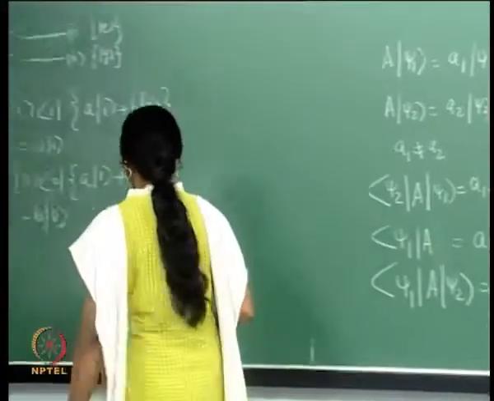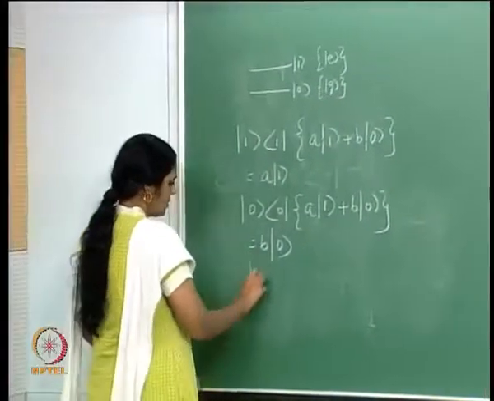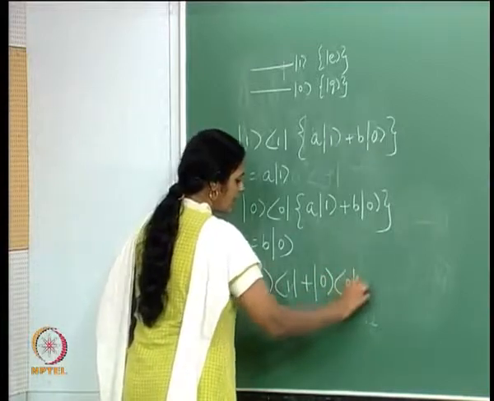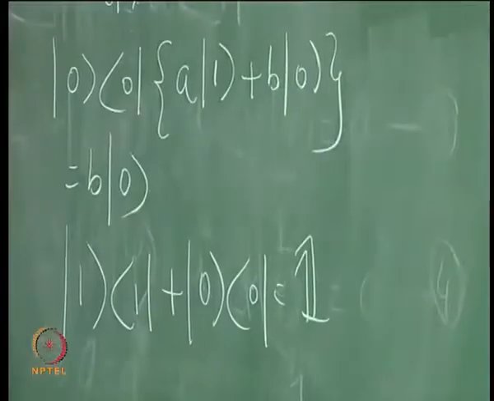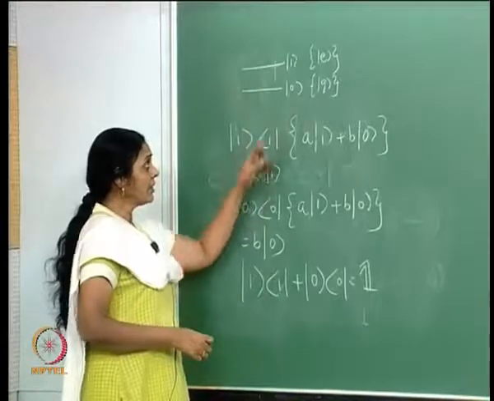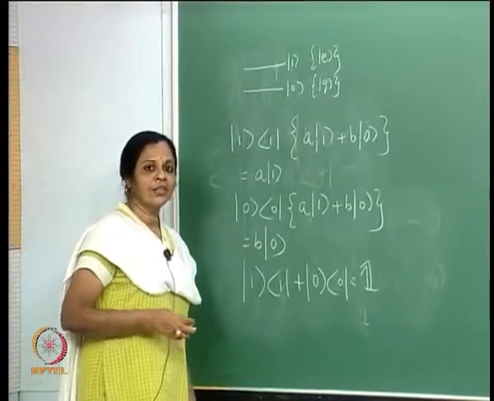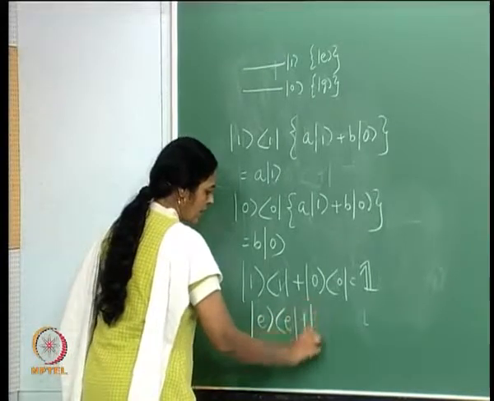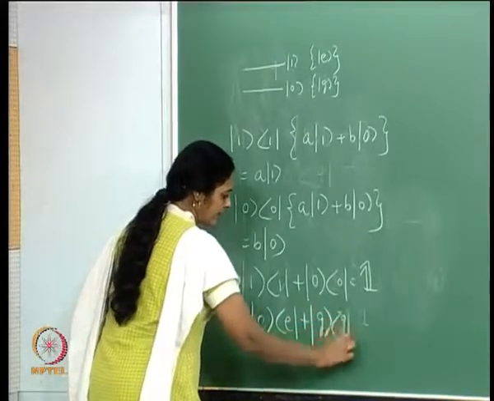It is evident that |1><1| plus |0><0| is the identity. In the language of ket E and ket G, we showed that |E><E| plus |G><G| was the identity.